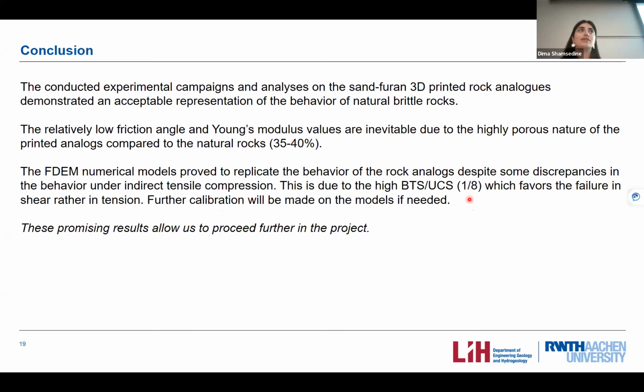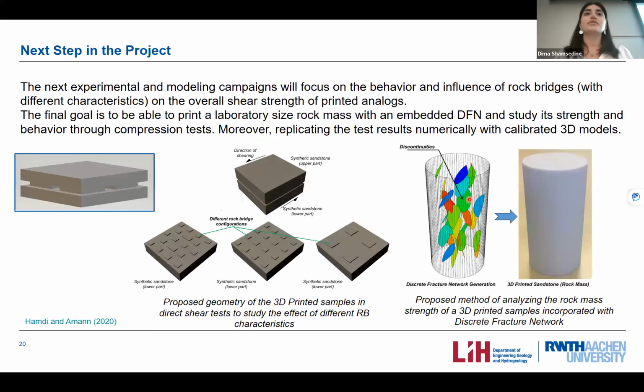I can explain that later if needed. And if needed, in the further work packages, we can do further calibration of the Brazilian test. So these results are considered promising in order to move further in our work and continue to work package 2, which will at first be the direct shear testing.